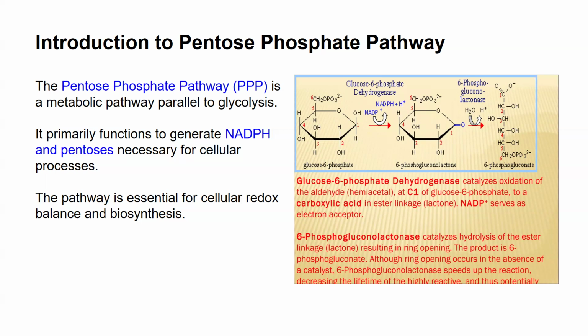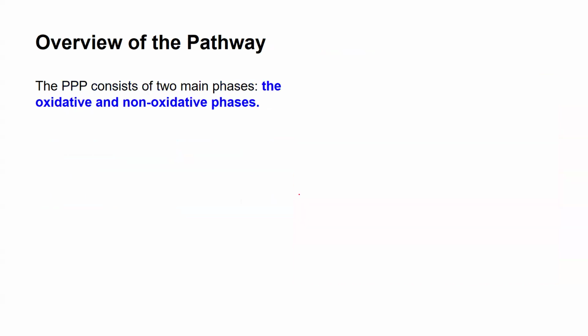As you can see from here, ladies and gentlemen, clearly at the first step, glucose 6-phosphate is the first substrate to start the pentose phosphate pathway, which will be converted into 6-phosphogluconolactone. And then it continues like that.